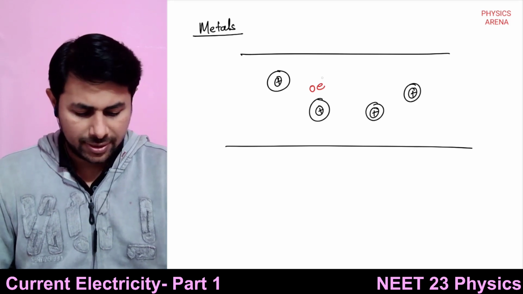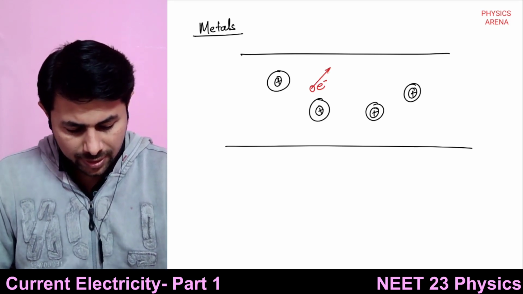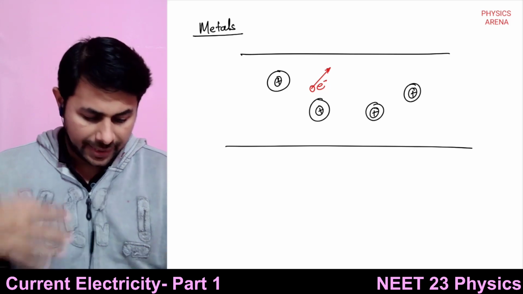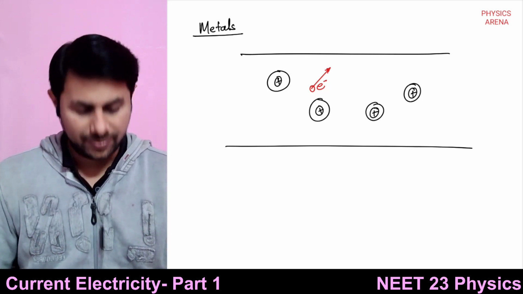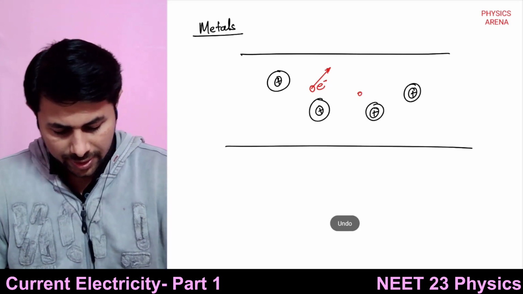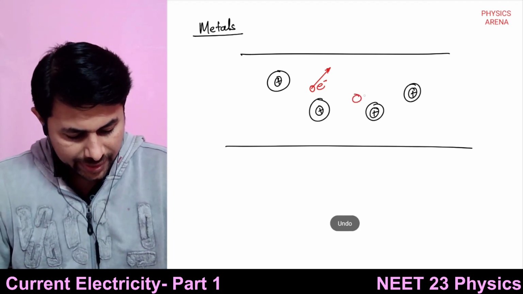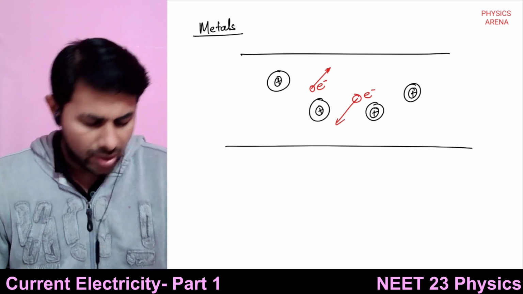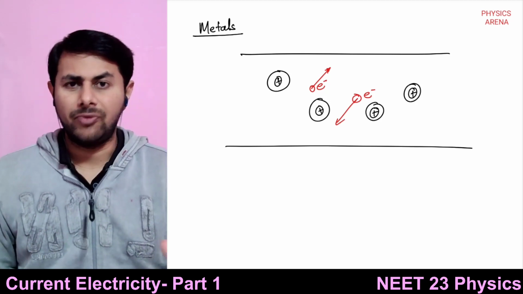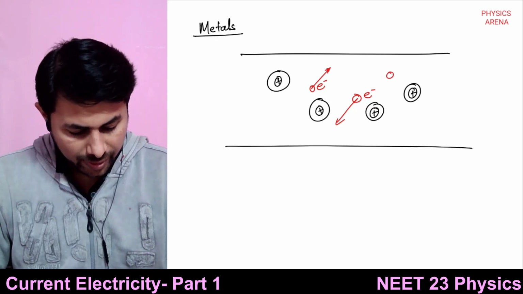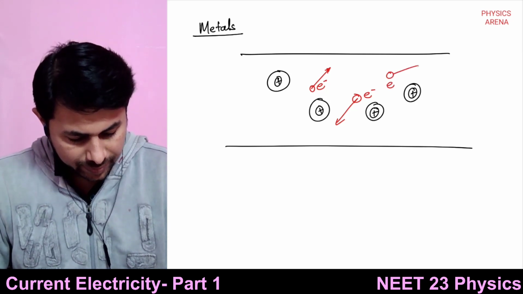These negatively charged free electrons move randomly in all possible directions inside the metal, with different velocities.